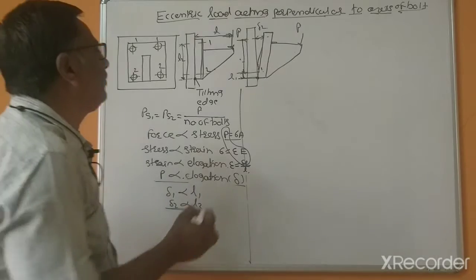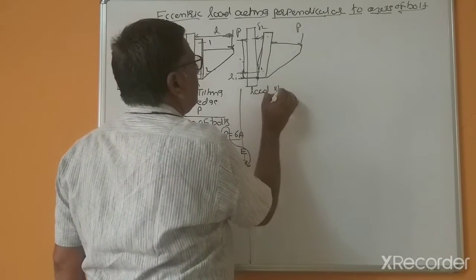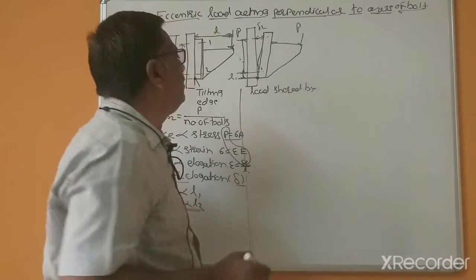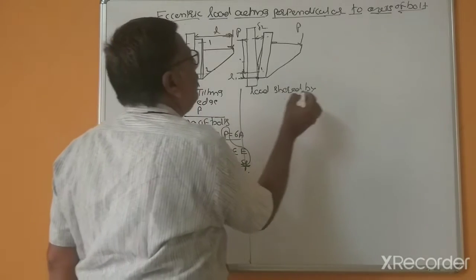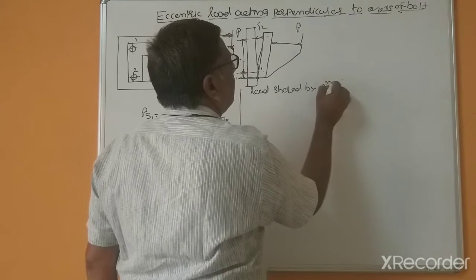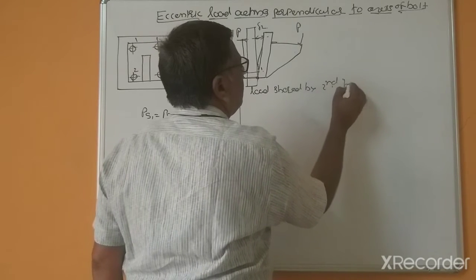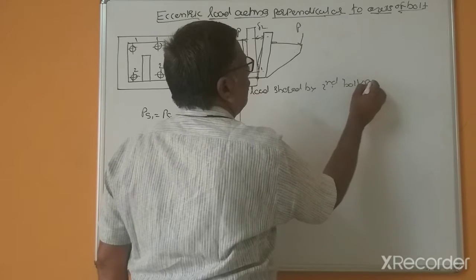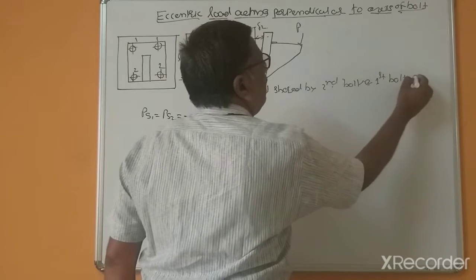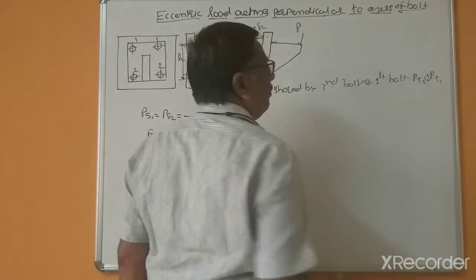Now suppose the tensile loads shared by the second bolt and the first bolt are PT2 and PT1.